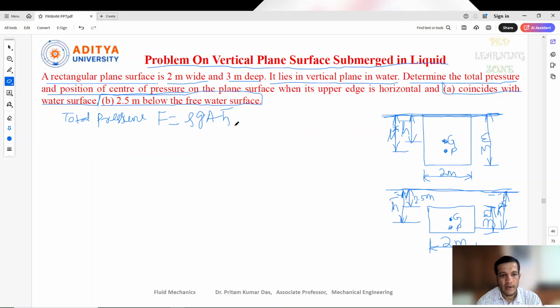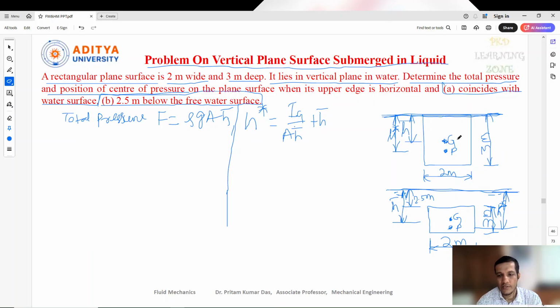Another formula is for the position of the center of pressure, that is H star equal to Ig by A H bar plus H bar. So these are the two formulas which we know from the derivations. First one is F equal to rho g A H bar. Second one is H star equal to Ig by A H bar plus H bar.